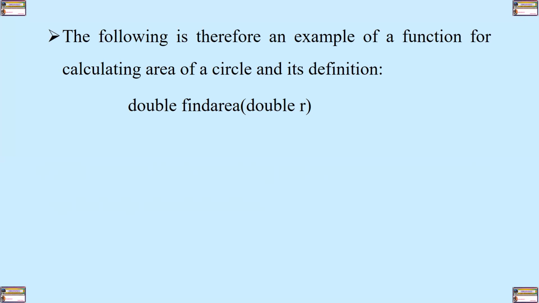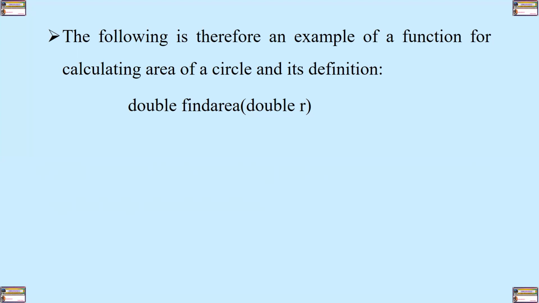So double find area, opening parenthesis, double R, closing parenthesis. The first double indicates that this function, after performing the execution, is supposed to return a value of type double. Then find area is the name of the function. And this function, for it to be able to perform its work, is supposed to receive a value.